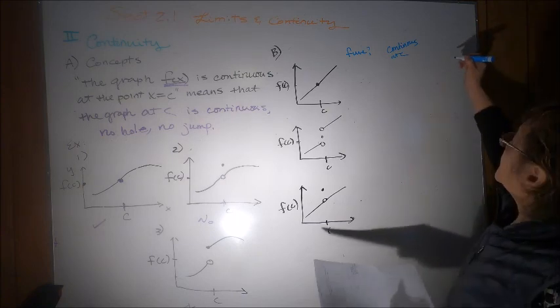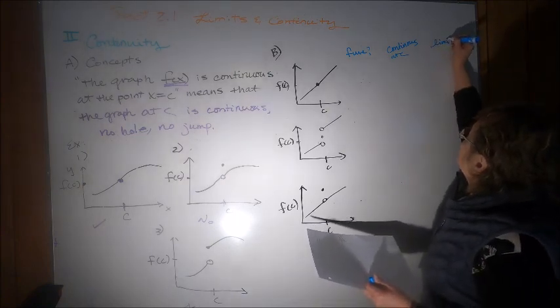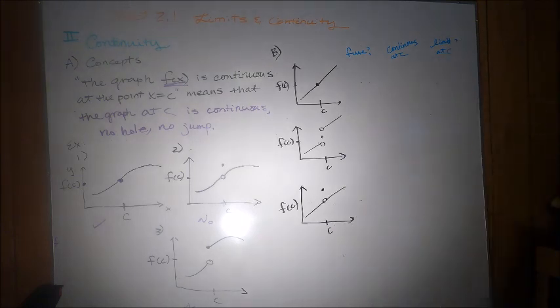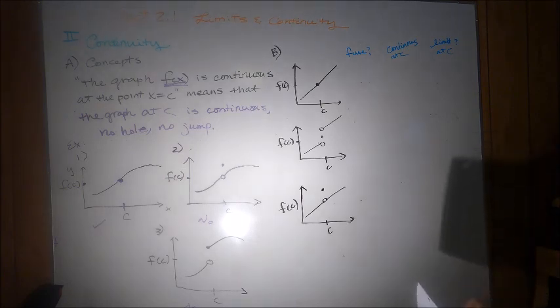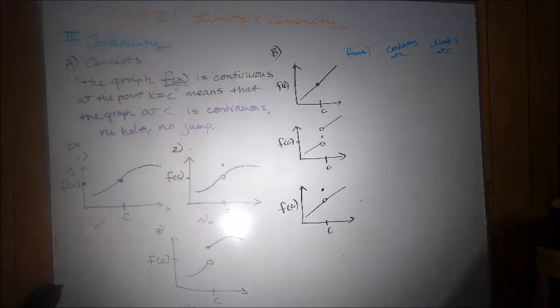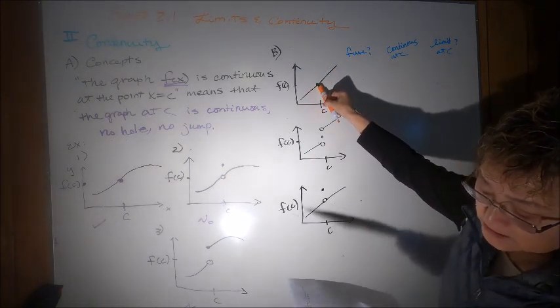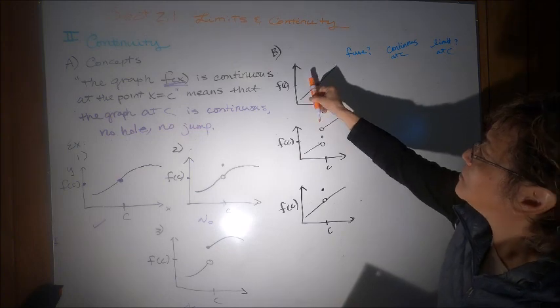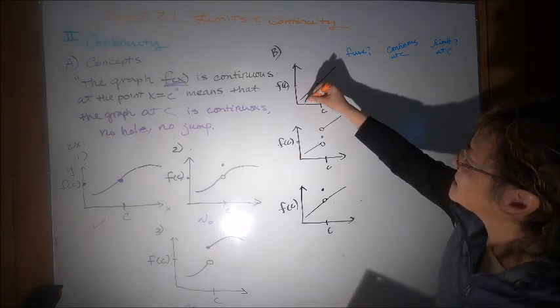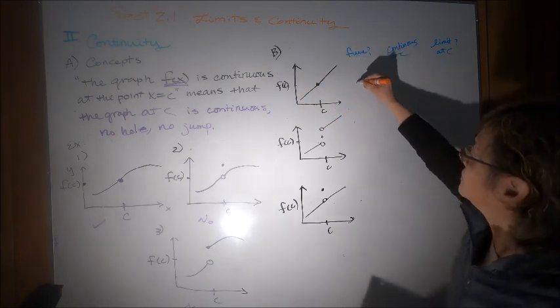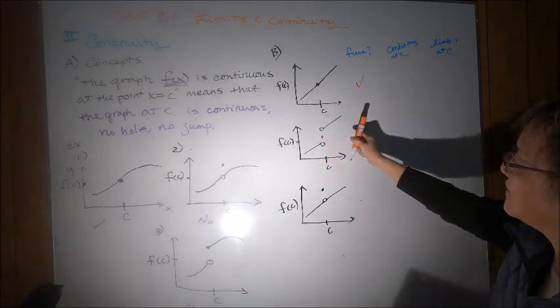Then we ask, do we have a limit at c at that point? So first we have to decide if it's a function. How do we decide? Vertical line test. This one at c you have no value, but for a function, when x is 1, 2, 3, 4 all the way, y has only one value. Is this a function? Yes.